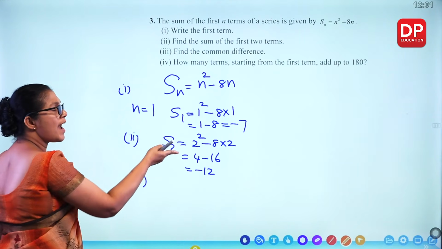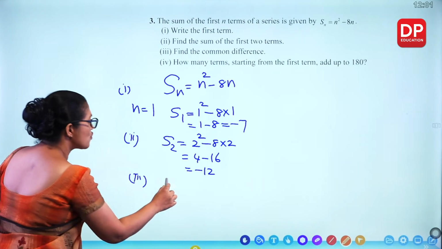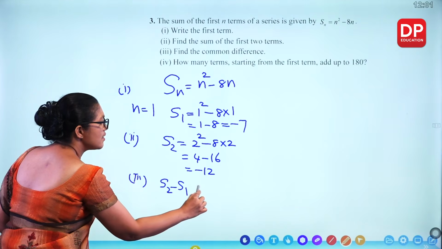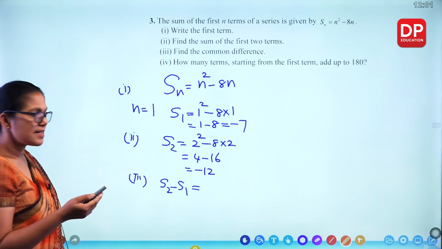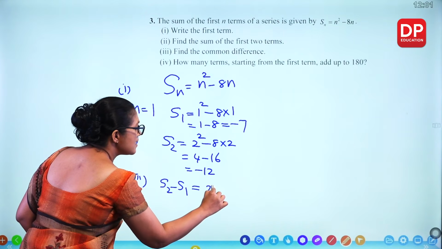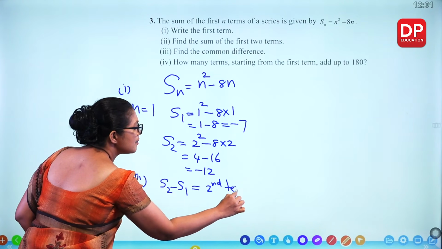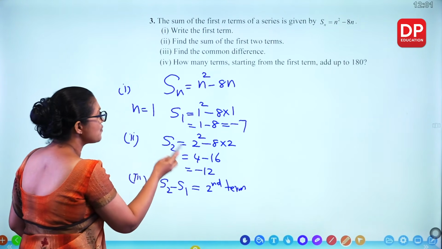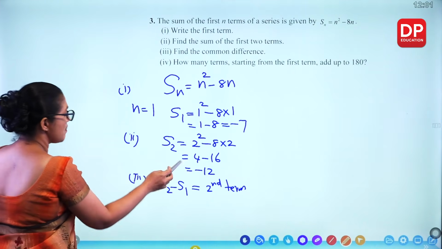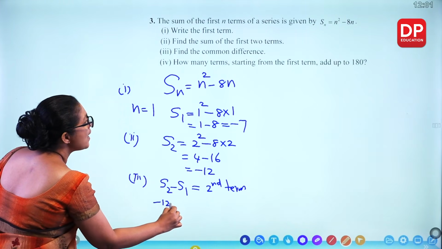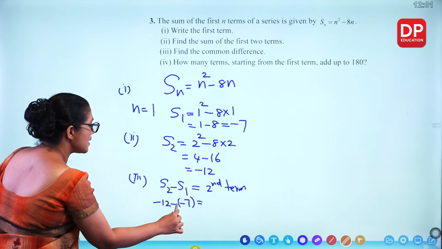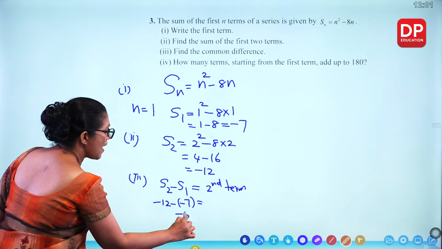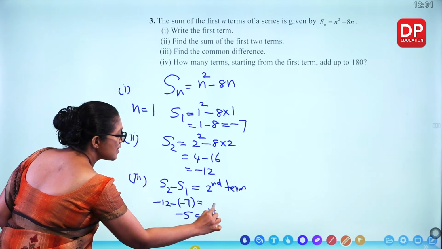When you subtract these two, S2 minus S1, what do you get? You get the second term. So S2 is minus 12 minus minus 7. You get minus 5 as the second term.